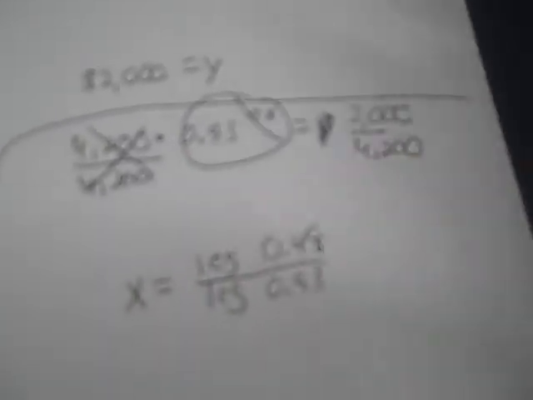And I take 2,000 divided by 4,200, and I got 0.48. You're like, well, the top's smaller. That's okay, okay? So log 0.48, close it, divided by log 0.93, close it, and I get 10.11, okay? So it's between 10 and 11. Estimation.